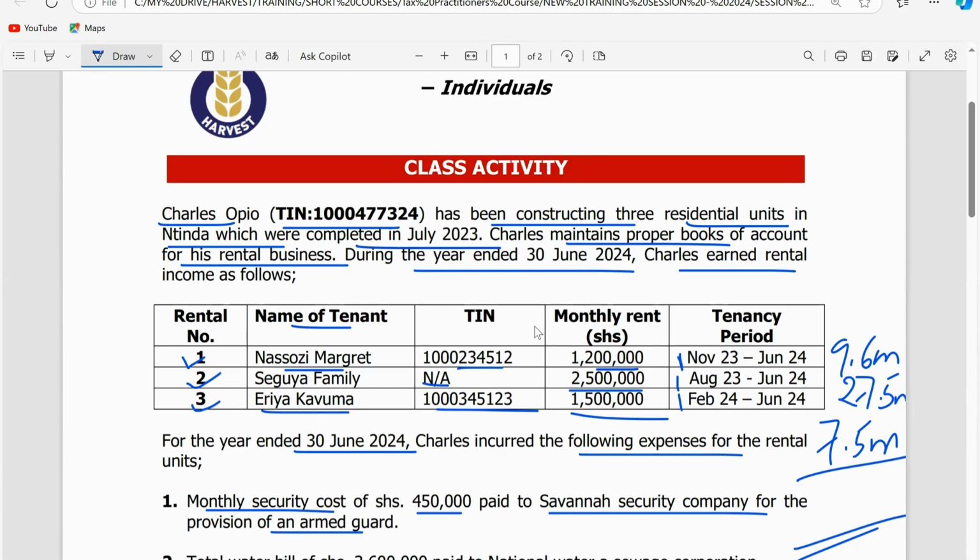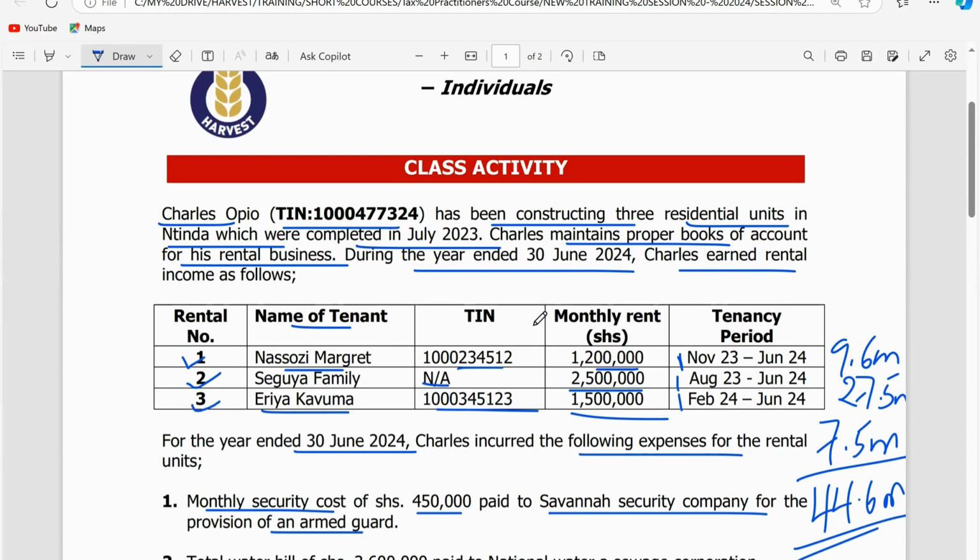That is 44.6, correct? 44.6 million. We are going to give the tax terms to all these figures. We are going to give the tax term to the 44.6 million. We shall give the tax term to 9.6, 27.5, 7.5.